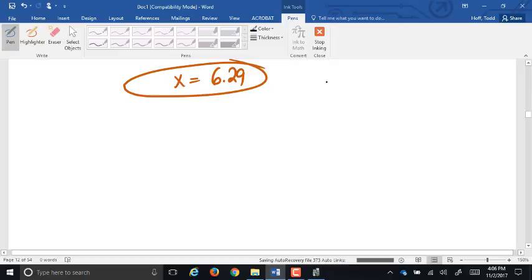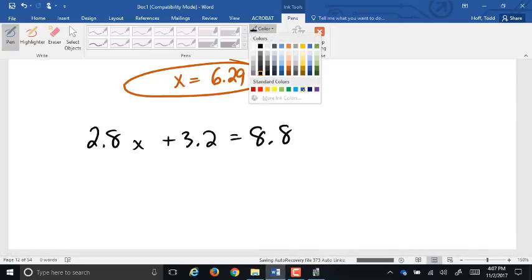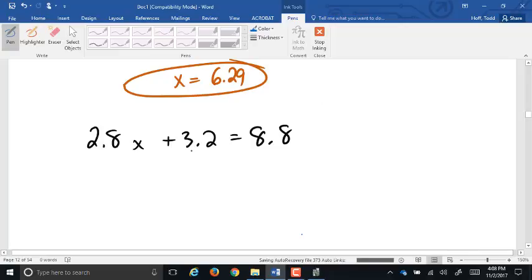So I'm going to have you guys try one in your notes: 2.8x plus 3.2 equals 8.8. We'll talk about this in a minute. Looks like everybody's pretty close to done. What's the first step? Subtract 3.2.